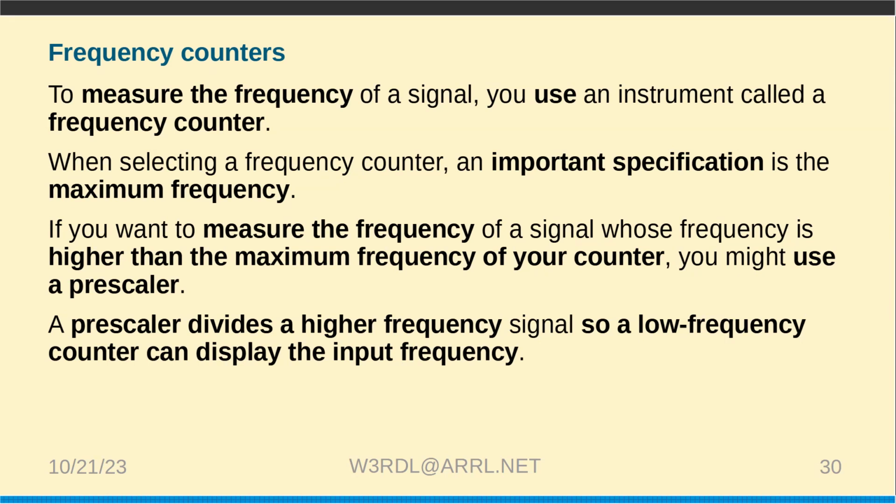Sometimes they'll have that built in. It reduces the accuracy, but it lets you operate at higher frequencies. It divides the incoming frequency before it gets to the frequency counter. So all you're really doing is dividing it, and then you multiply the frequency counter display by whatever the prescaler is. You don't gain any accuracy or resolution, but you can measure over a wider range.